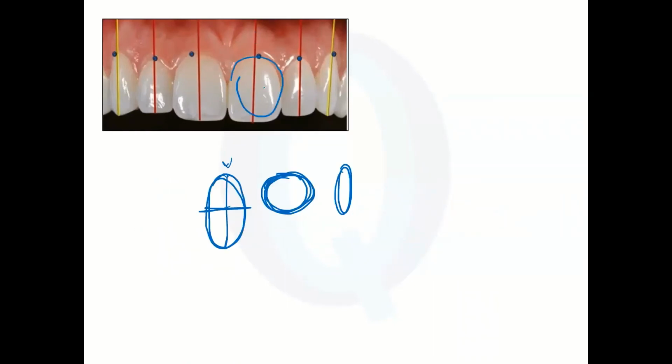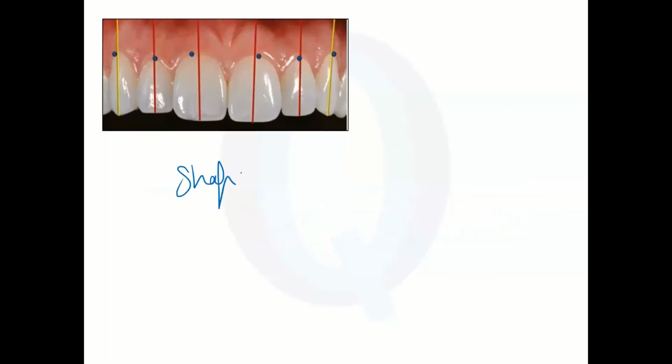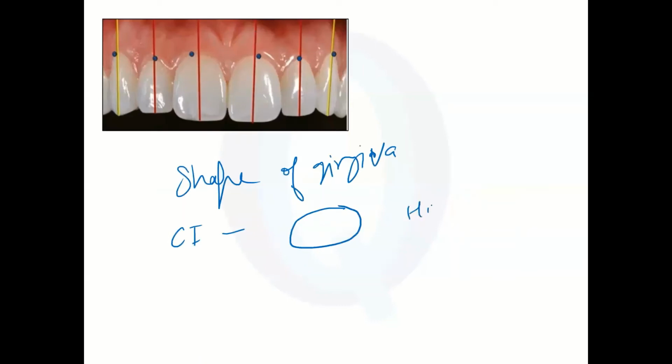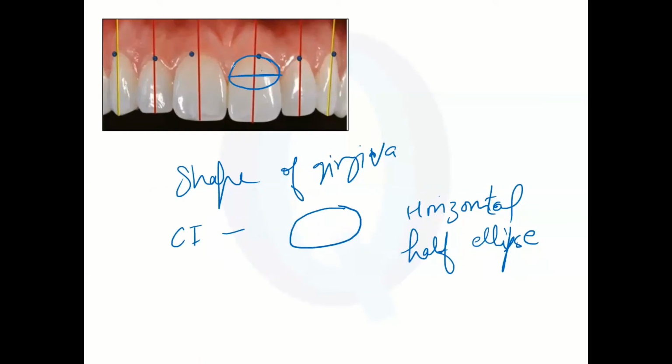Next is the shape of gingiva. For central incisor, it is ellipsoid but horizontal. Horizontal half ellipse. So if you draw an ellipse here, it would be like this. So this part is half horizontal ellipse.